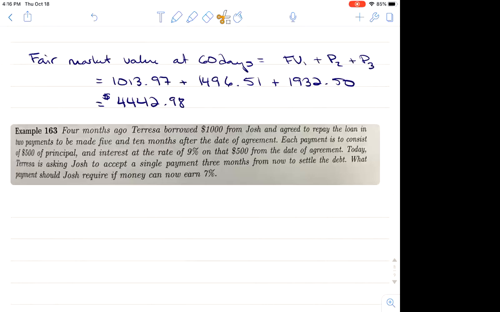And then she says, oh, wait a second, I'll just pay you a single payment 3 months from today. So we have to figure out where that 3 months from today fits between 5 and 10 months from 4 months ago. So we can put these on the timeline.